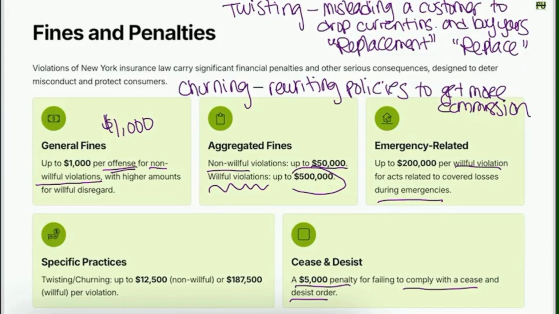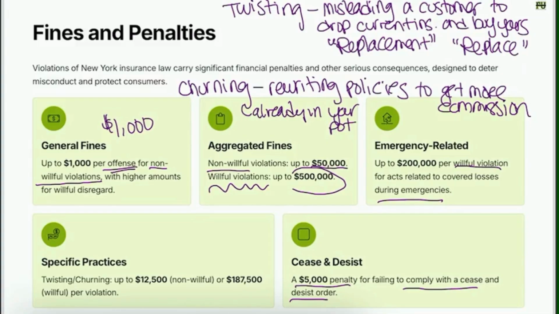Let's say putting the wife's name first instead of the husband's, just so you can get another commission, or instead of just adding a car, rewriting a whole new policy so you can get paid out the commission. That is churning. You are churning your book of business just to get more commissions. That is also an unfair trade practice.